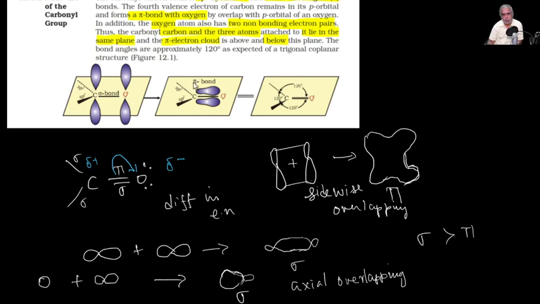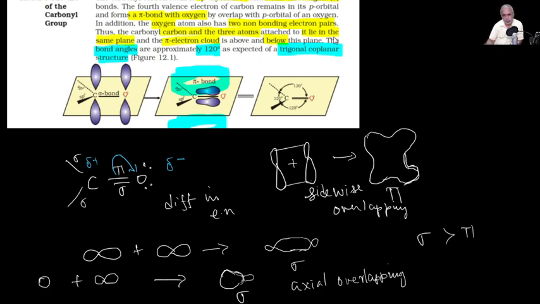Let me indicate with a blue cloud like this above the plane, and below the plane like this. And the bond angle is 120 degree. So you have to mention the bond angle also, 120 degree. And this is expected to be a trigonal coplanar structure.